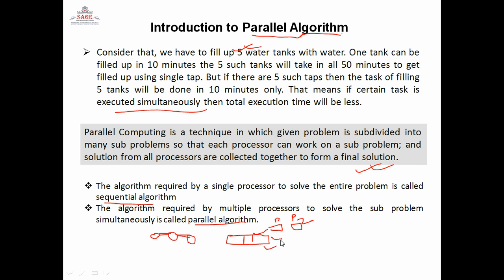The major problem in the shared memory model is the occurrence of conflicts. A conflict is a situation in which two processors access the same block of memory at the same time. So if P1 tries to access this cell and P2 also tries to access it, that will generate a conflict.